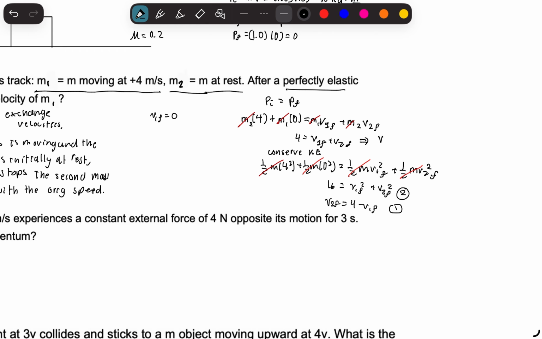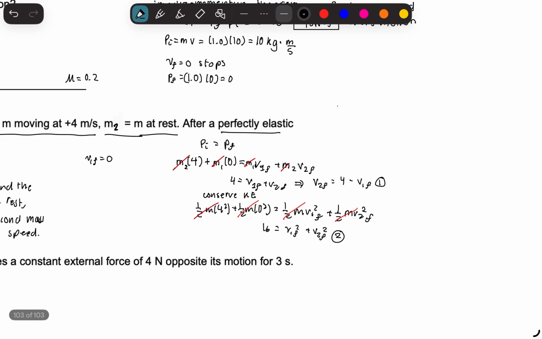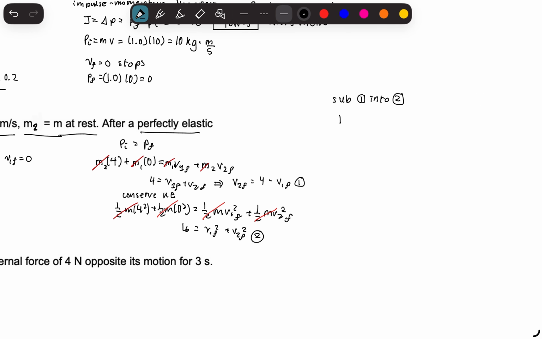So this is v2f is equal to 4 minus v1f. That's 1. So let's do this here, sub 1 into 2. So you will have 16 is equal to v1f squared plus (4 minus v1f) squared.